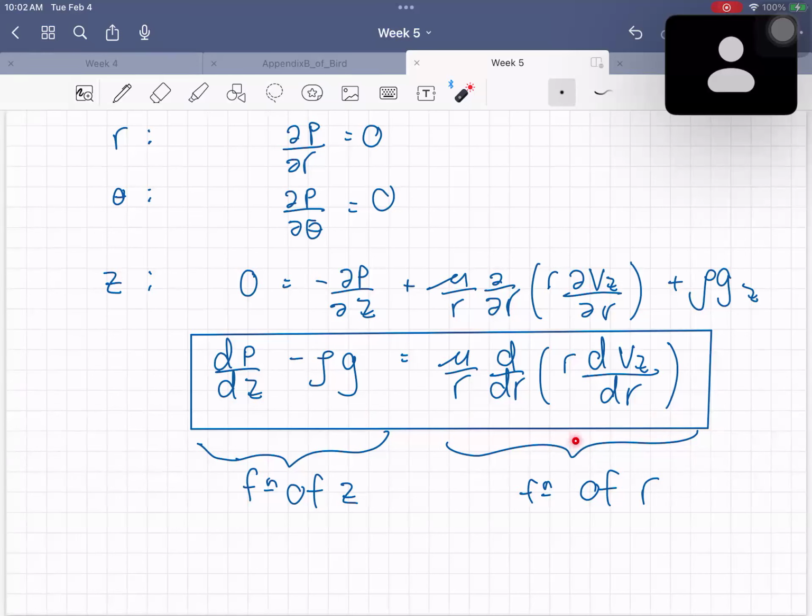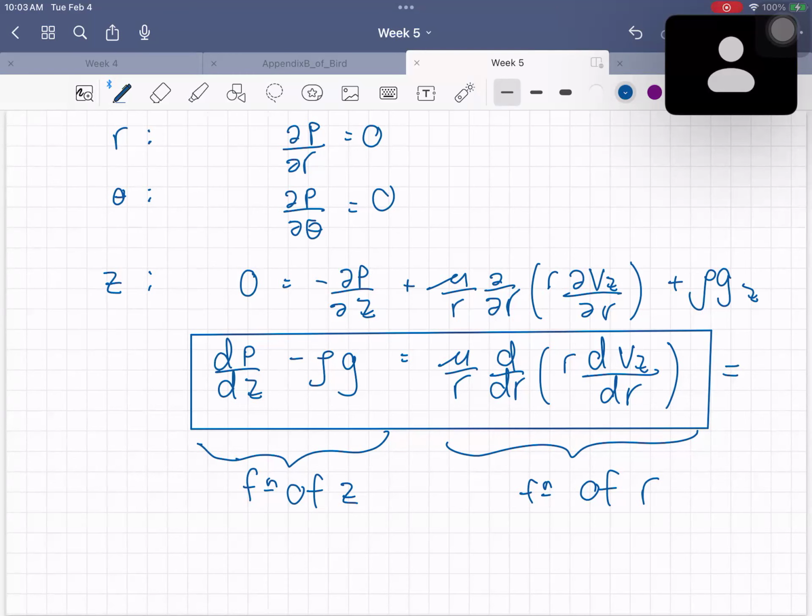How are you going to solve this one? The left-hand side is a function of Z, but the right-hand side is a function of R. How are you going to solve it? Yeah, just solve it separately, right? You can see that this is a complete equation where the left-hand side term is equal to the right-hand side term. That means that it must be equal to some kind of constant, okay?